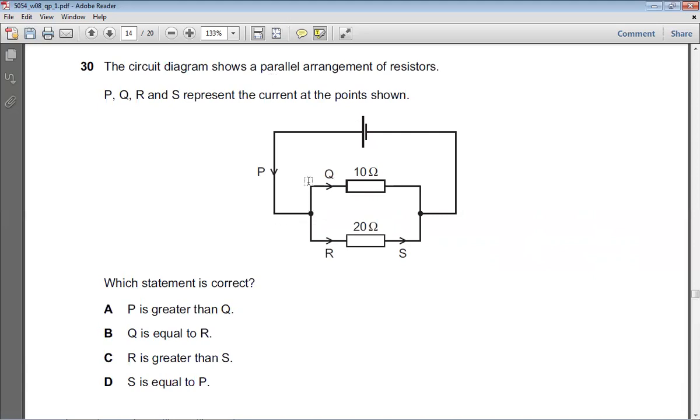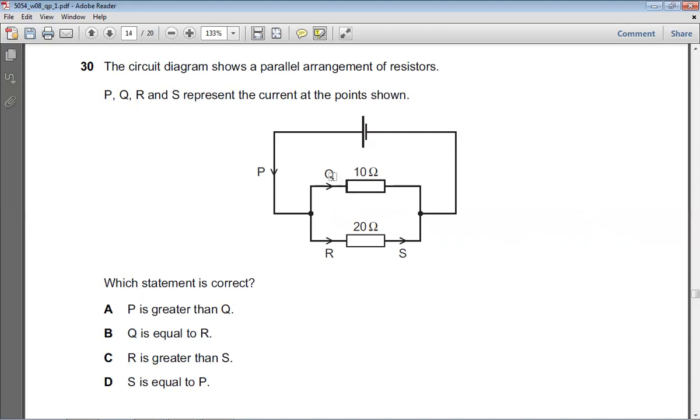At this junction, P will be divided, and R and S will be equal to each other, but R and S individually will be less than Q because in this branch the resistance is less, so the amount of current flowing here will be larger. Current likes the path which has less resistance.